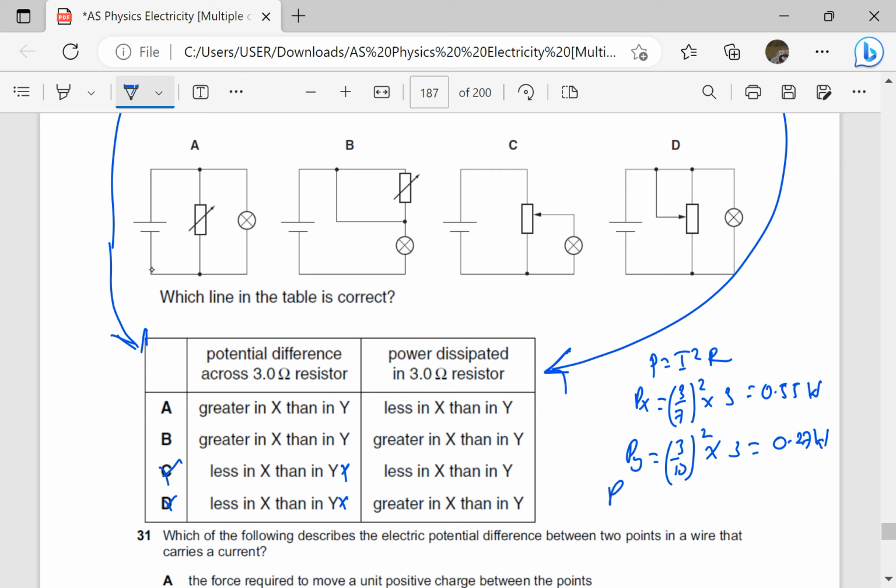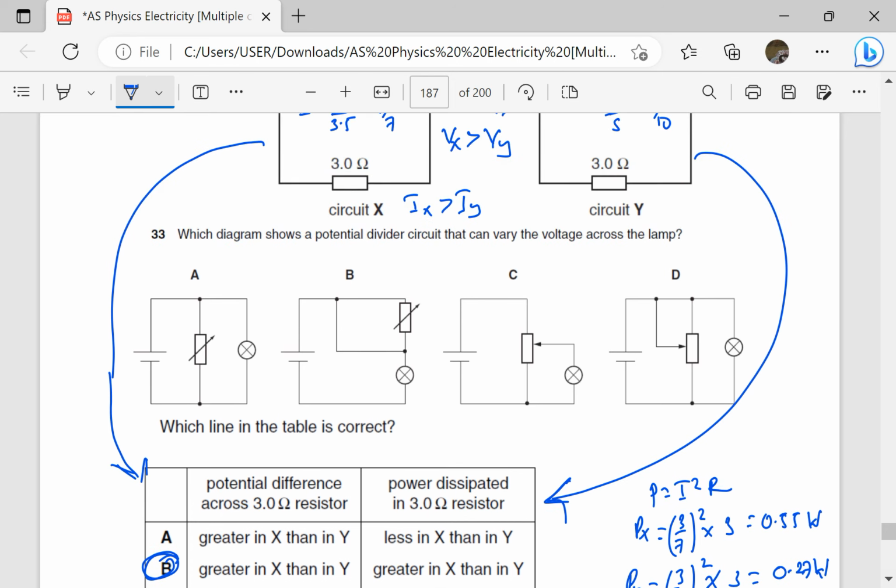So the power in X is greater than the power in Y. The PD in X is greater than that in Y, and the power in X is greater than that in Y, so the answer is going to be B.